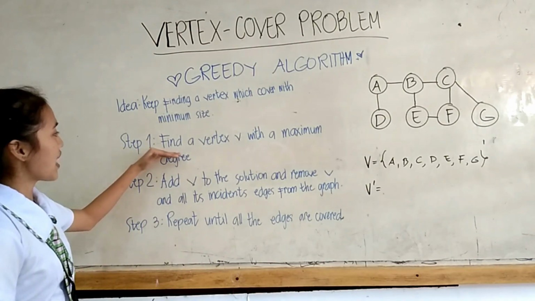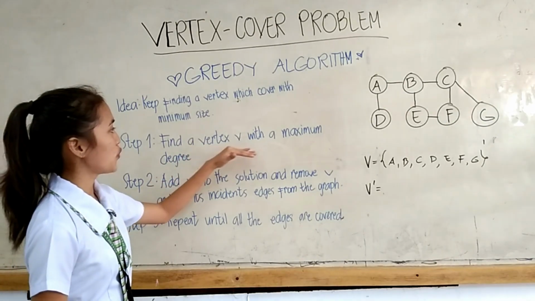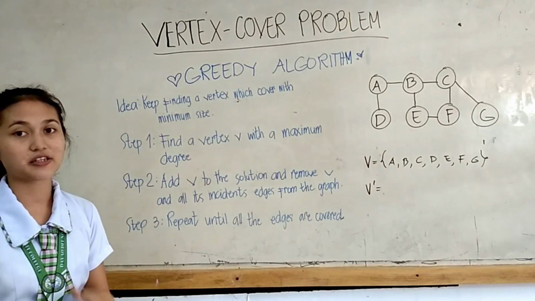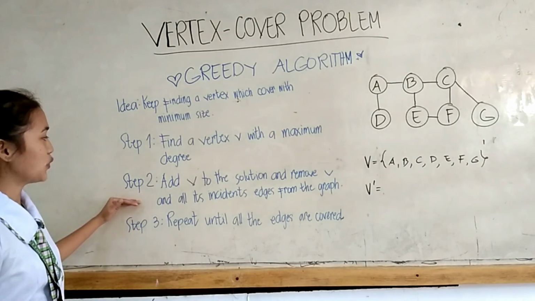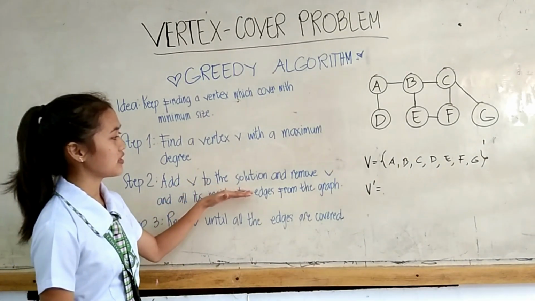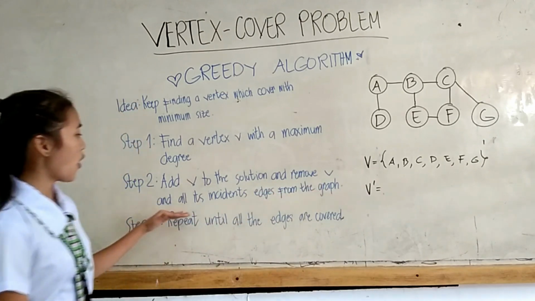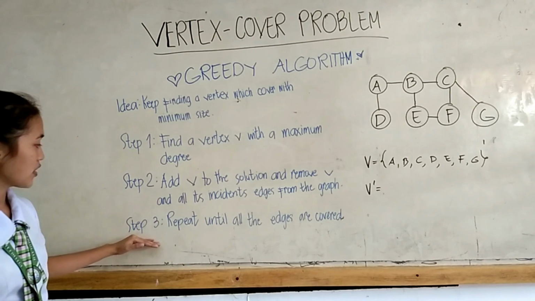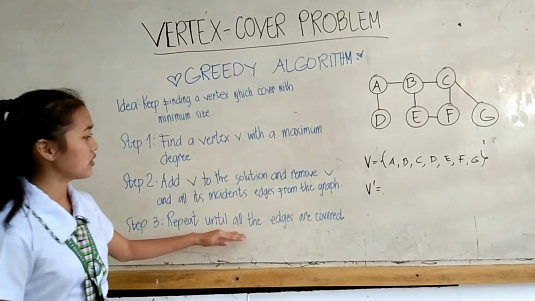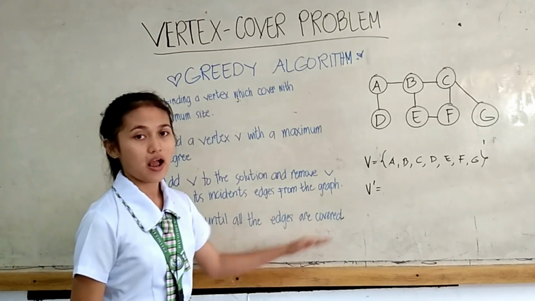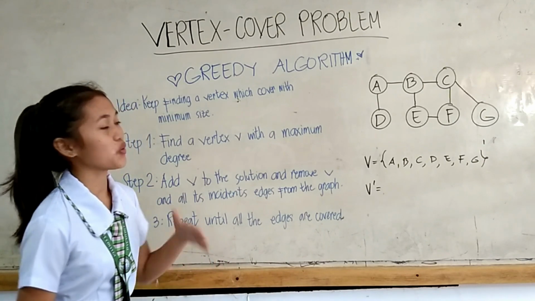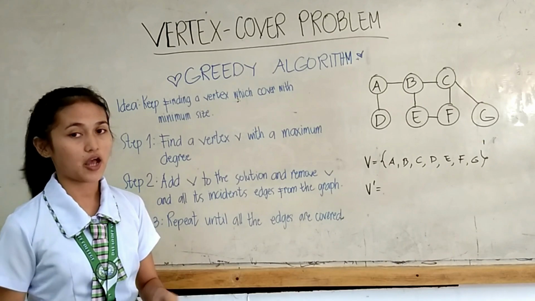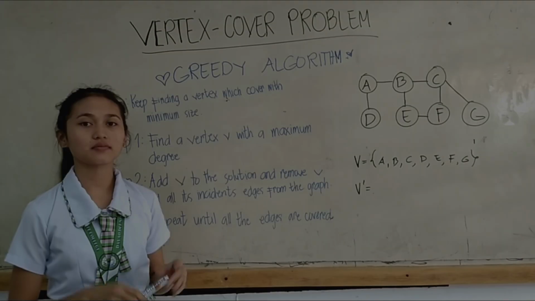Step 1, find a vertex V with the maximum degree. Step 2, add V to the solution and remove V and all its incident edges from the graph. And step 3, we repeat until all the edges are covered. Our goal is to cover all the edges with the minimum number of vertices.